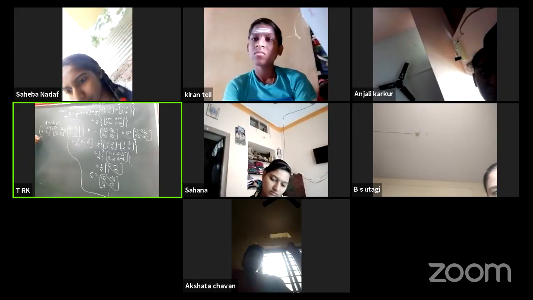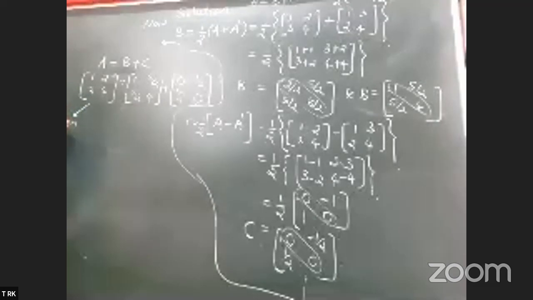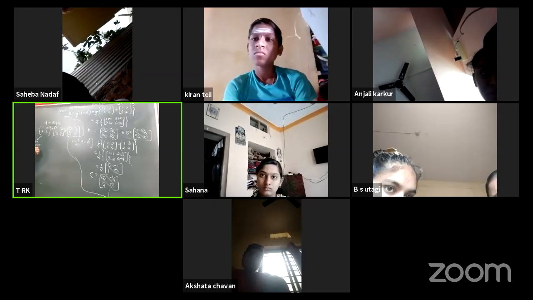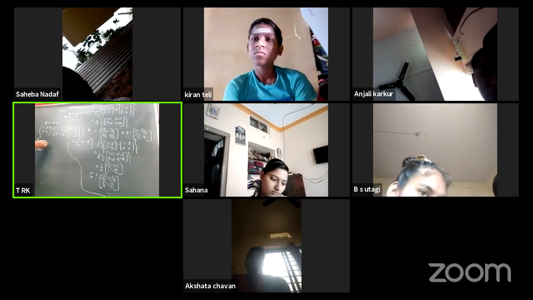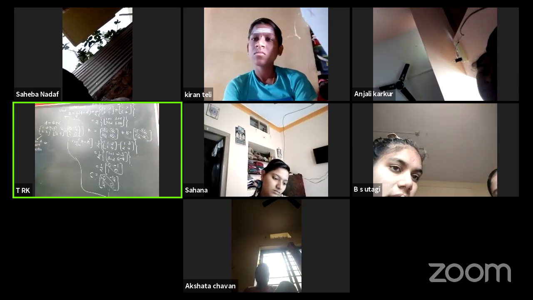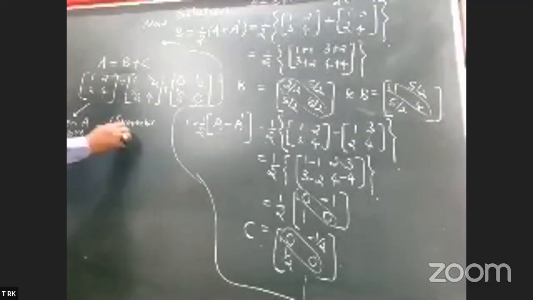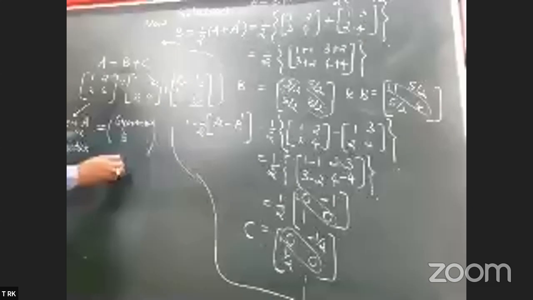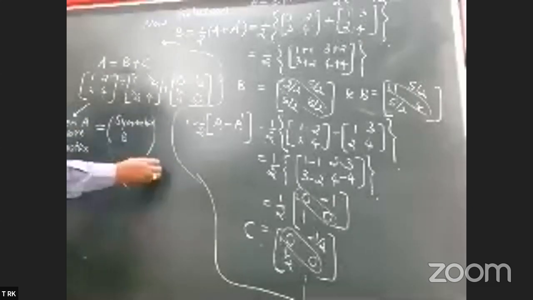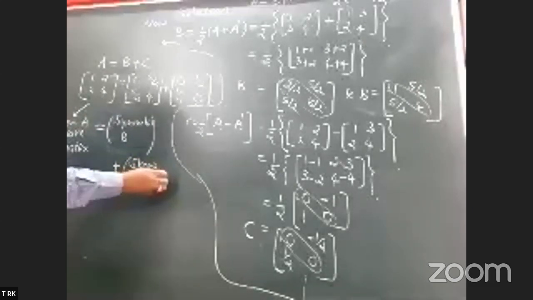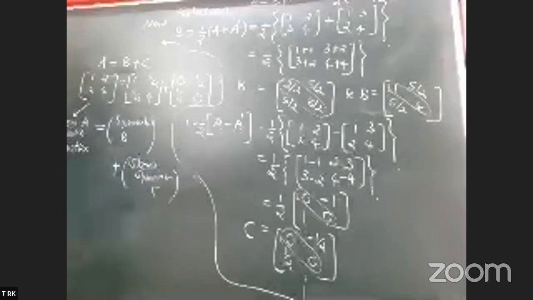So the given square matrix A is equal to symmetric B plus skew symmetric C. The given square matrix is expressed in terms of symmetric and skew symmetric matrices.